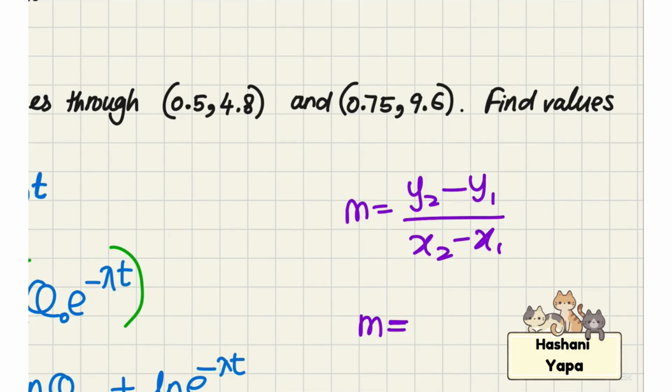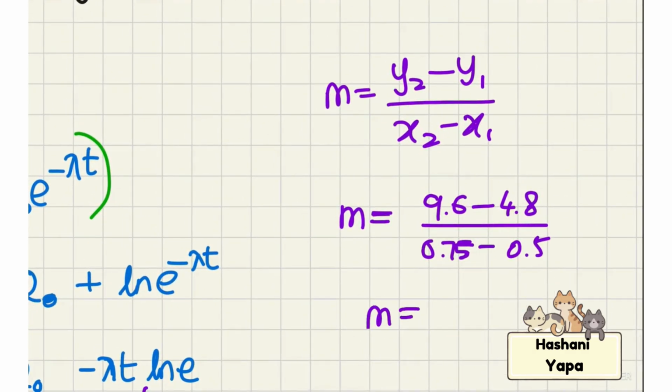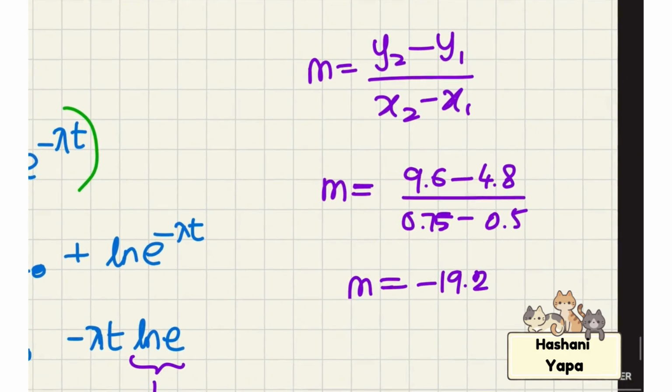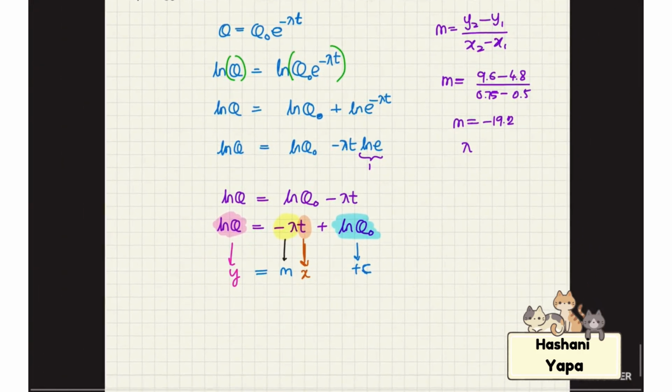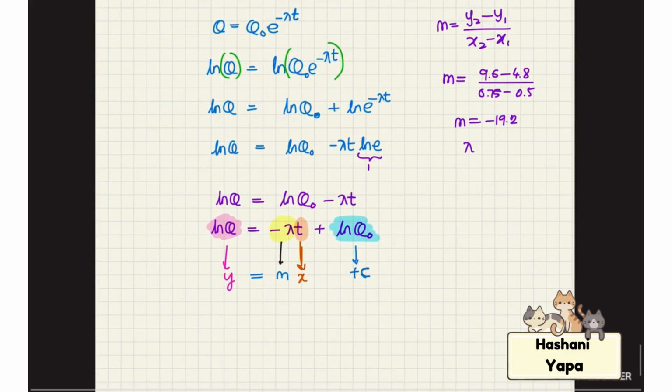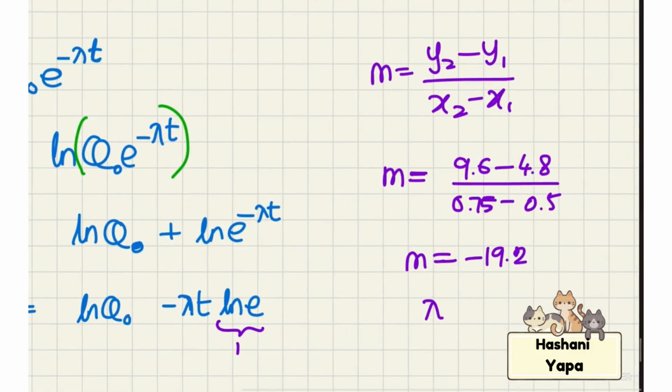Let's pick 9.6 minus 4.8 over 0.75 minus 0.5. Let me double check this answer.